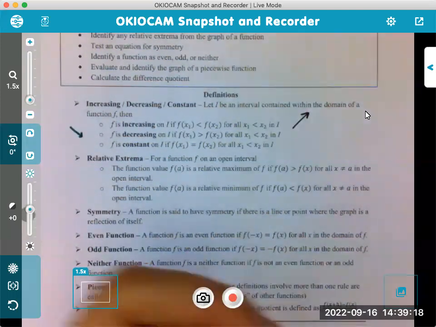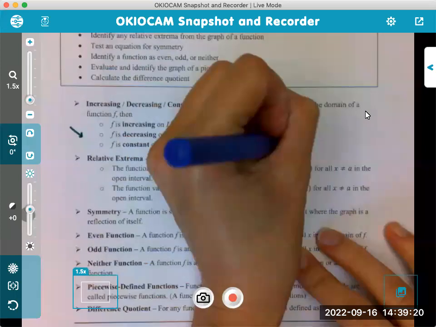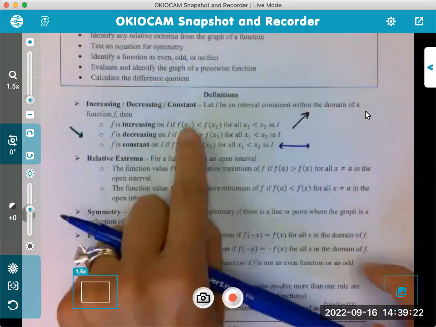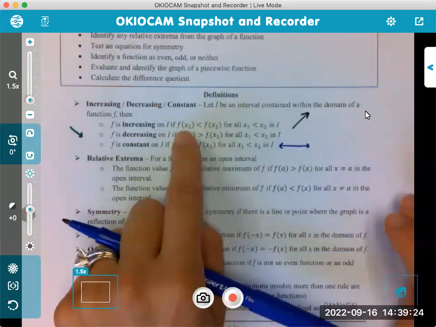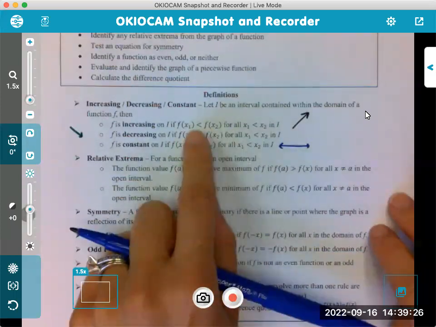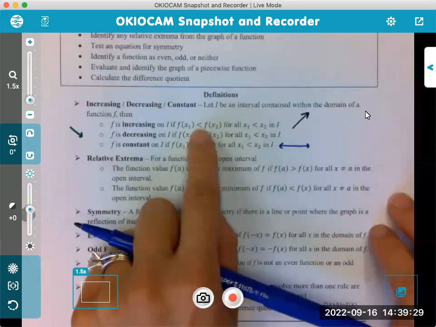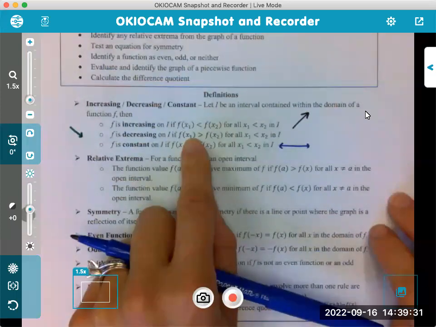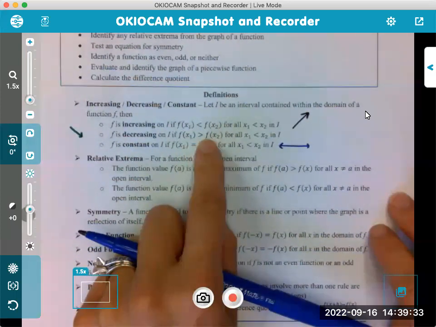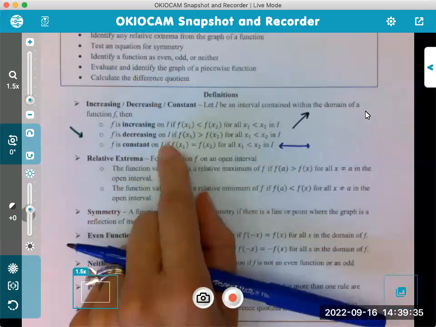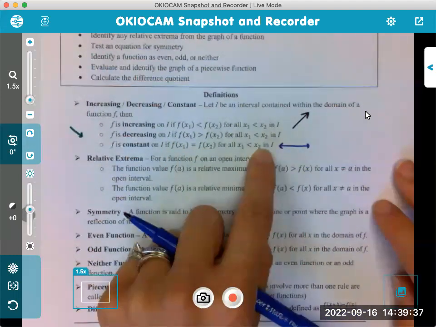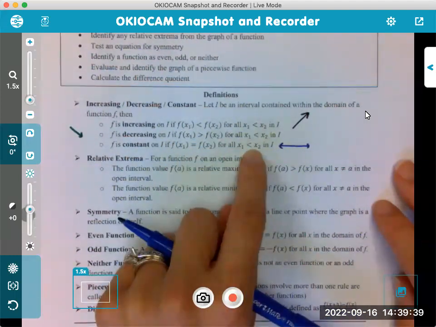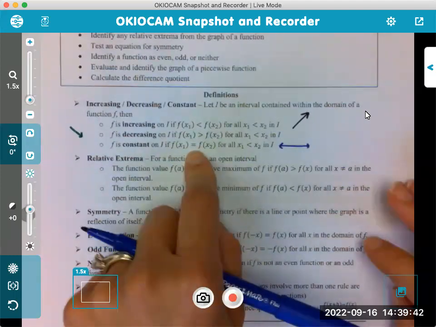And then constant, we're just flatlining, right? So for increasing, as I move to the right, I am increasing y's. For decreasing, as I move to the right, my y's are decreasing. And then of course, constant, we're just that horizontal line. So as I move to the right, all the y's are equal to the same number.